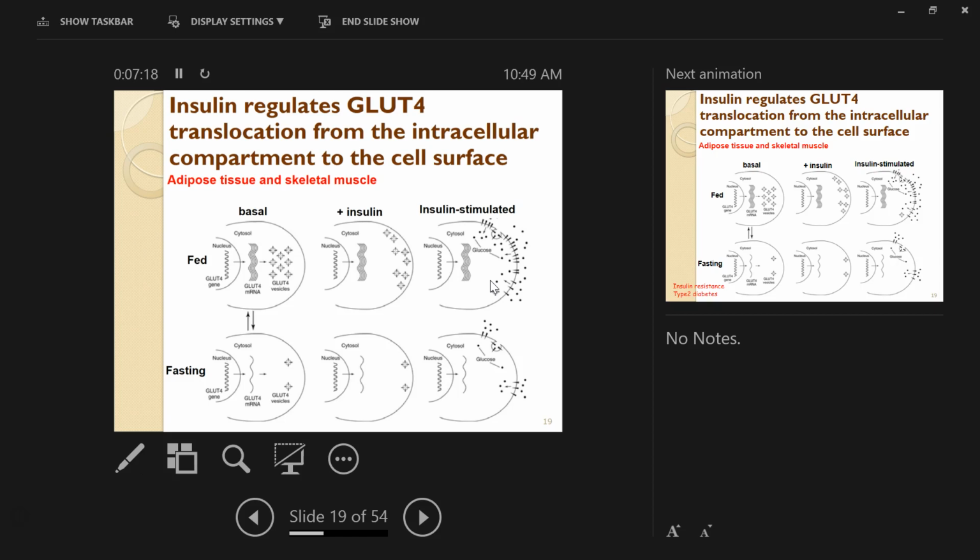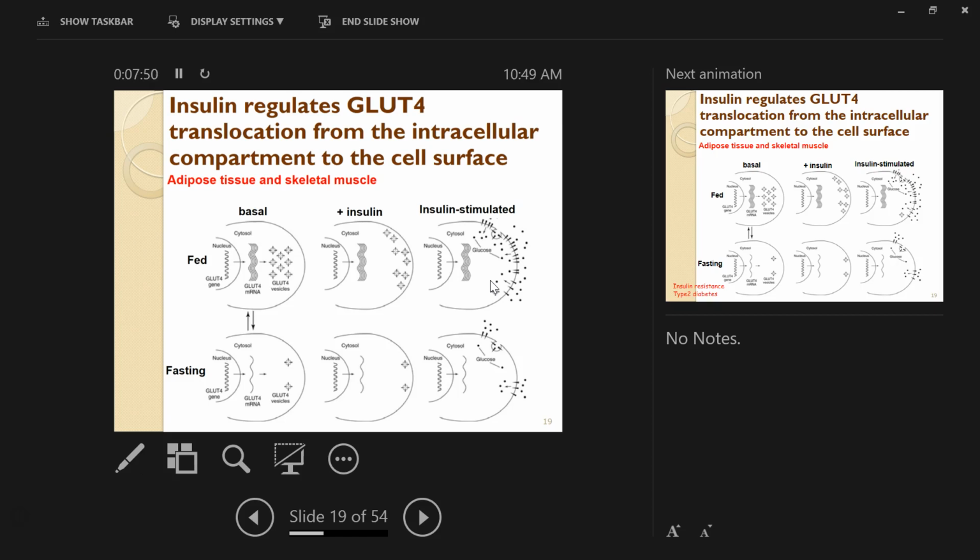And when insulin levels increase in the fed condition, after a meal, when we have a high blood glucose level, glucose stimulates insulin release, so insulin level is high. Insulin can stimulate GLUT4 to translocate from inside of the cell to the cell surface.